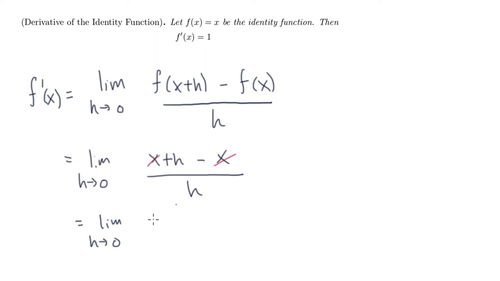So we're just taking the limit of h over h, which is just the limit of 1, right? Because I can cancel h, because I'm taking the limit as h goes to 0, so I'm assuming that h is not equal to 0. But then the limit of 1 is just 1. So we see the derivative of the identity function is 1, justified by using the limit definition of the derivative.